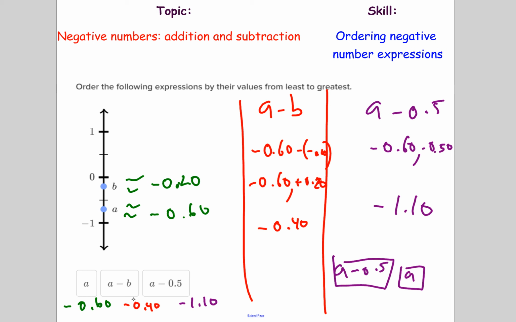And then the largest of the three is actually A minus B, right? Which I'm going to actually write the numbers in there so you can see what I'm talking about. This one is negative 1.10, A is negative 0.60, and A minus B is negative 0.40. Right? Sorry for my handwriting. I'm trying my best. Let's go to the next one.